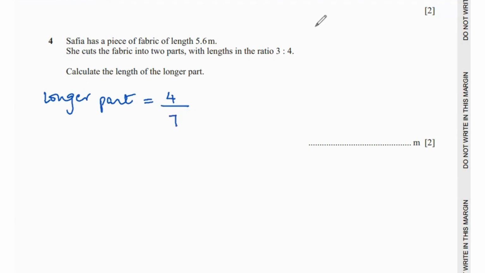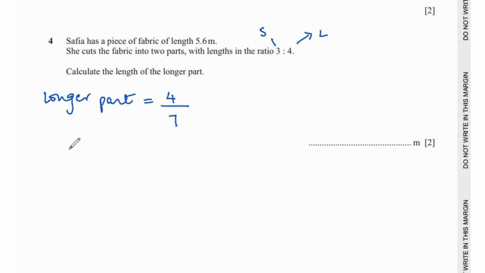Why 4 over 7? Because obviously 4 is bigger than 3. So that is for the longer part and this is for the smaller part. And when we're creating a fraction out of the ratio, the denominator is always the sum of the values in the ratio. So 3 plus 4 is 7. So that comes down as the denominator and 4 is the numerator.